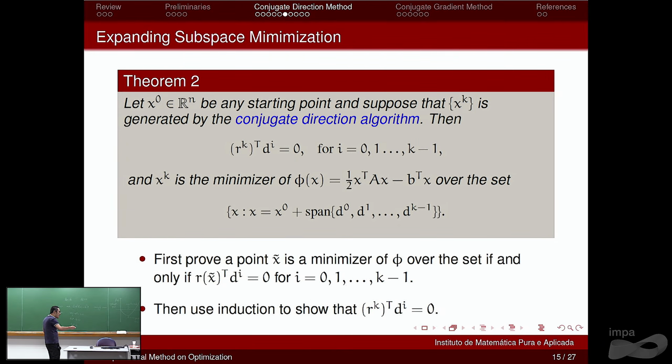Then we use induction to show that rk, which is the residue at the point xk, is orthogonal to all the previous directions. And then from the first point, we get that xk is a minimizer of this quadratic over this subspace.